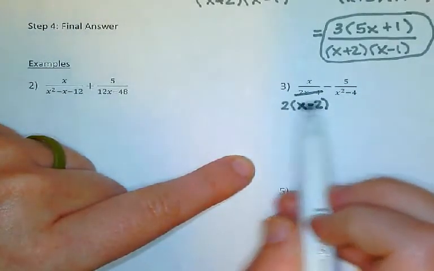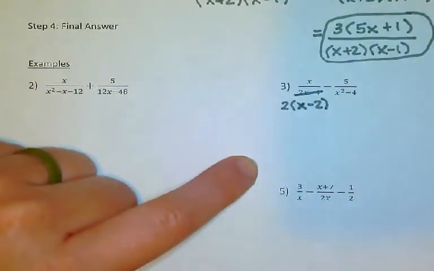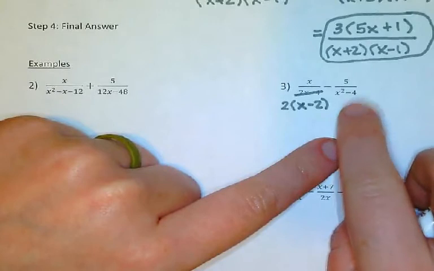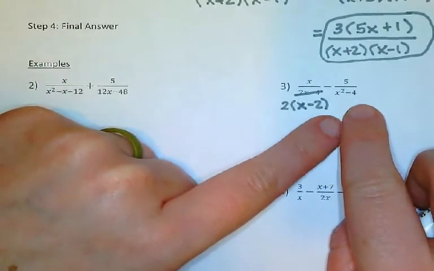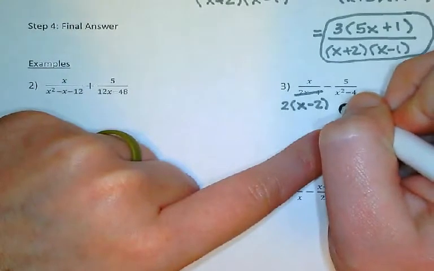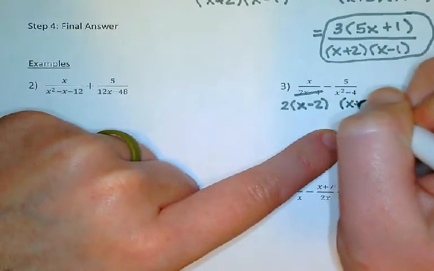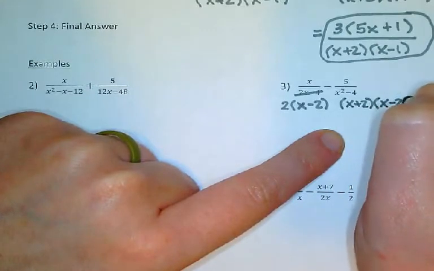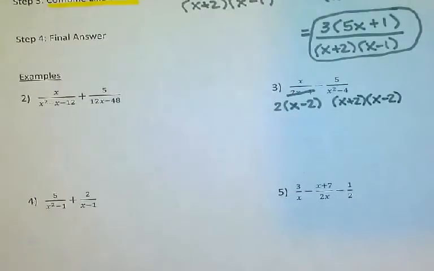Because if we multiplied this back out, we would get 2x minus 4. This x squared minus 4, remember that's a difference of squares. Both of these are perfect squares, so this one is going to factor into x plus 2 and x minus 2, instead of this x squared minus 4.